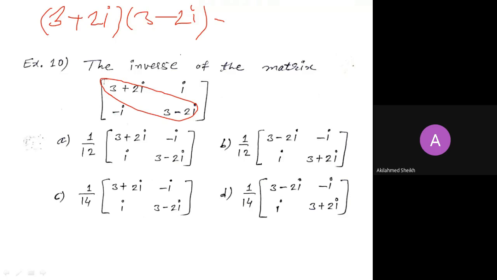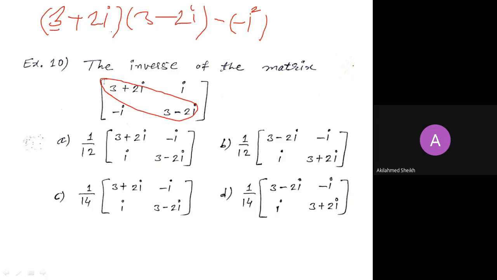Minus i into i becomes minus i square. Now simplifying, these two brackets are in the form a plus b, a minus b. We can use a plus b into a minus b equals a square minus b square.